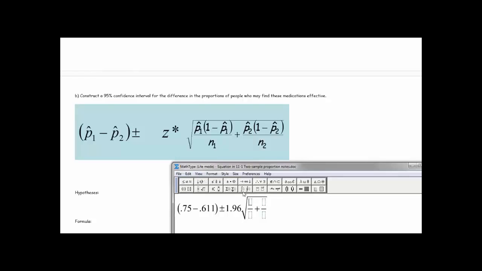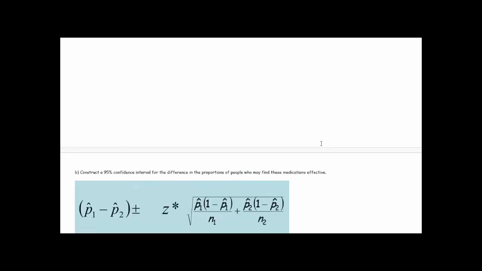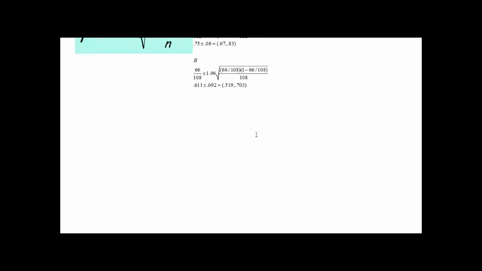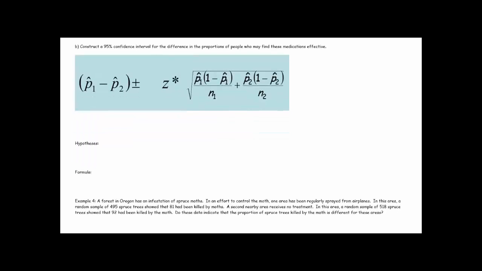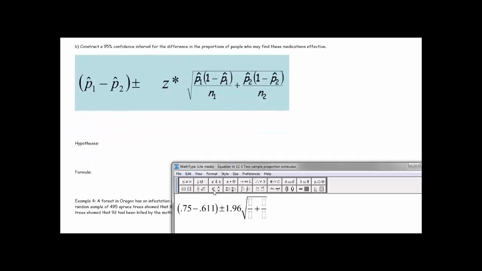And we're going to go fill in some numbers here. So let's see, we want p hat 1 times 1 minus p hat 1. So go back up here, that was 0.75 and 0.25 divided by 112. 0.75 times 0.25 divided by 112. Okay, and now I want p hat 2 and 1 minus p hat 2.